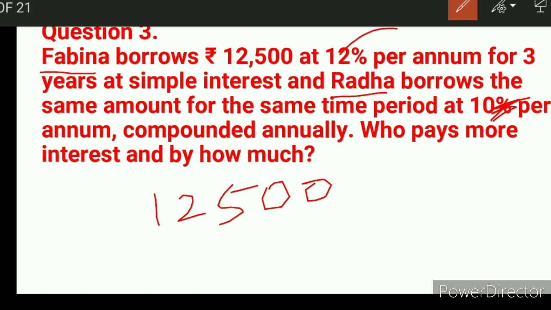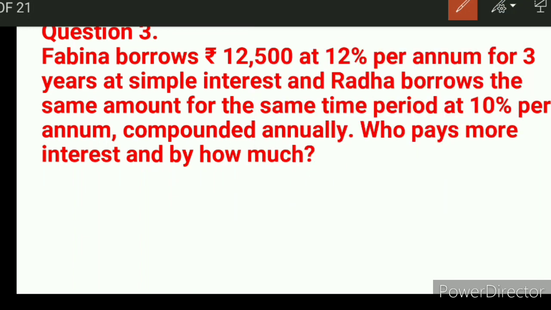Same amount and same time period. Only the rate of interest is changed. And one more change: Fabina is borrowing at simple interest, Radha borrowing at compounded annually.